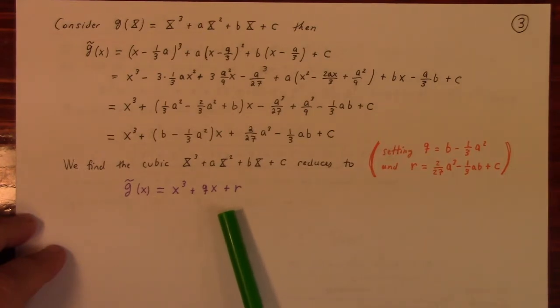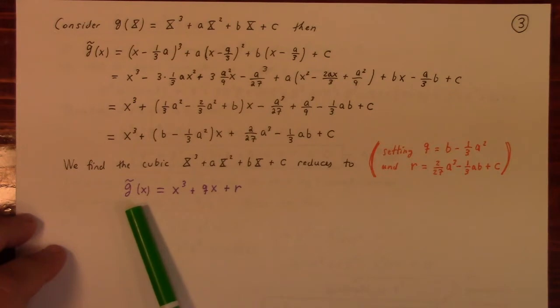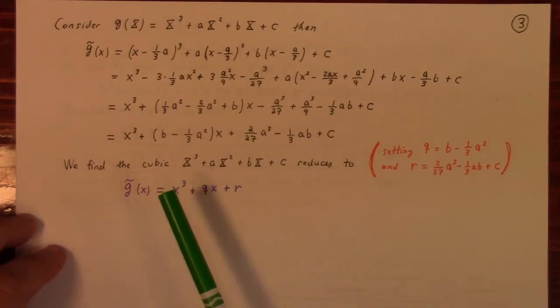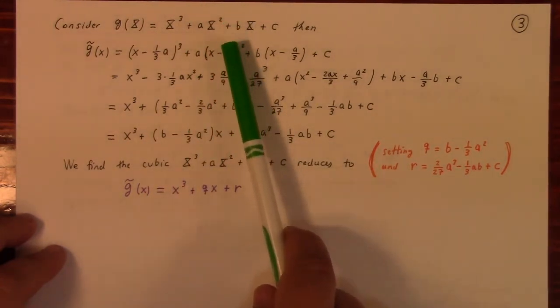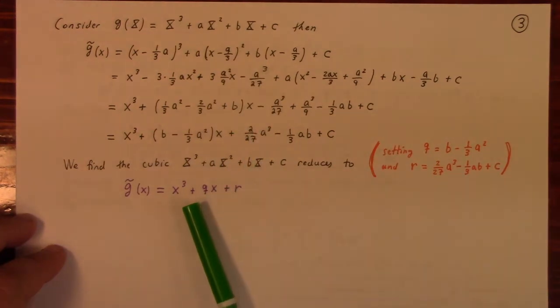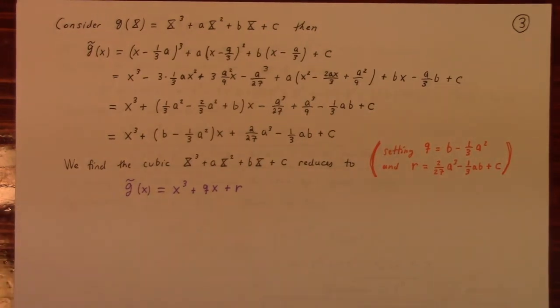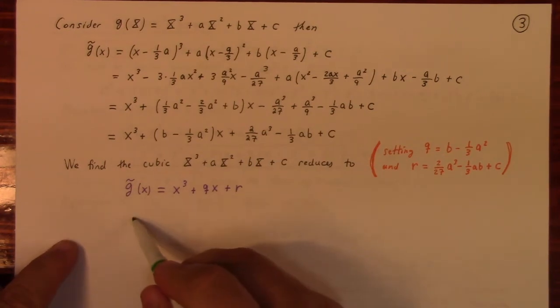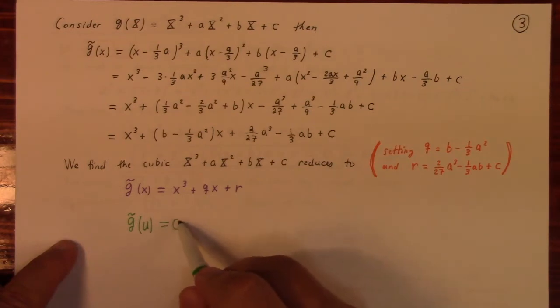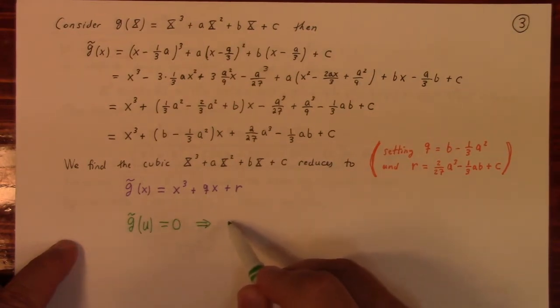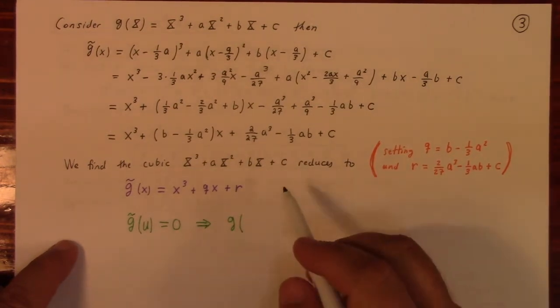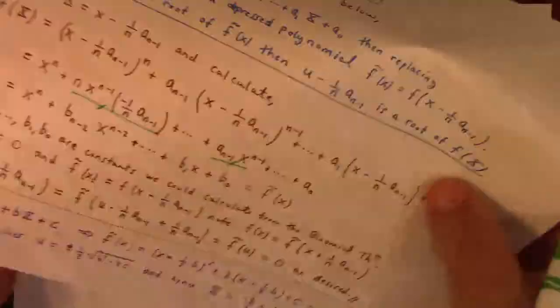So let's just remember that we can always take a cubic which is not depressed, and we can make this substitution and turn it into a depressed cubic. And we also know from the lemma that, what's the rule? If g tilde of u equals 0, that implies what? Oh goodness gracious, I've already forgotten it.